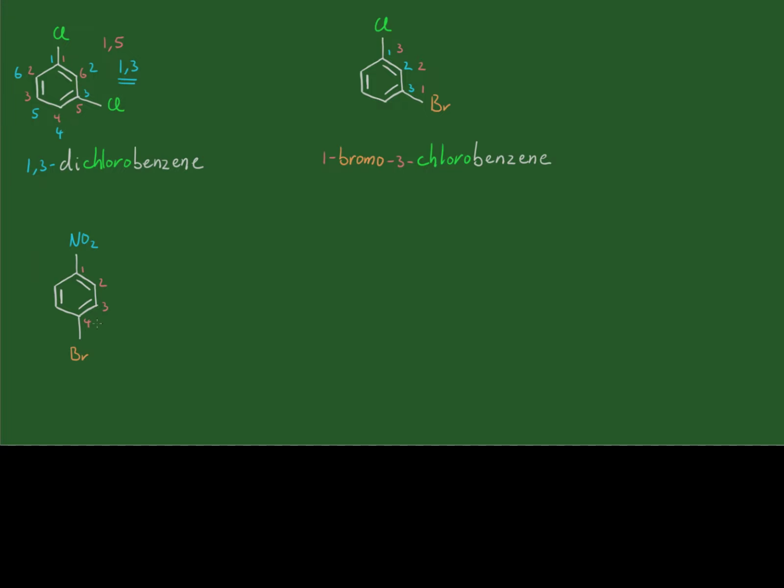Or we could start down here and say 1, 2, 3, 4. Which one is correct? Again, we need to look at the alphabetical order. So bromo before nitro, B before N. Therefore, in this case, we will have 1-bromo-4-nitrobenzene.